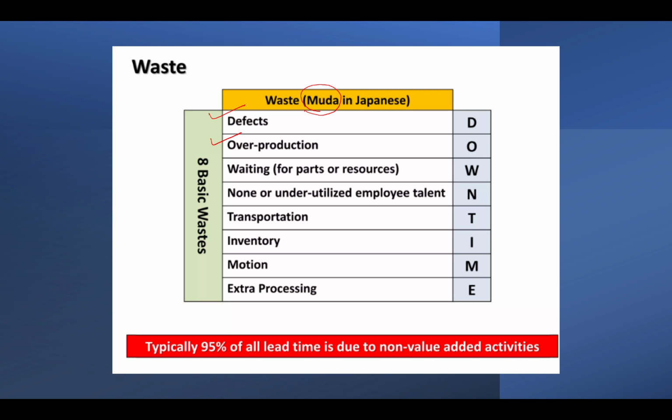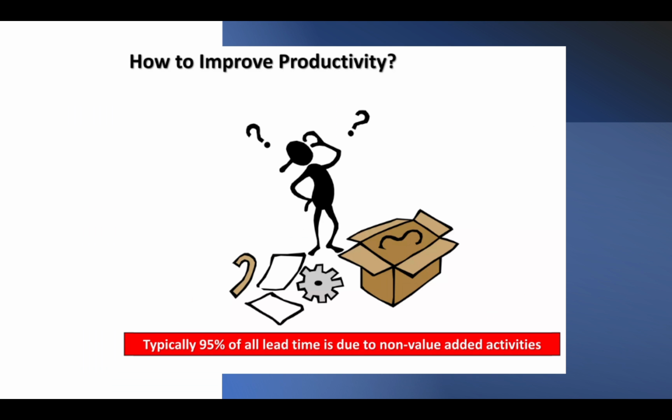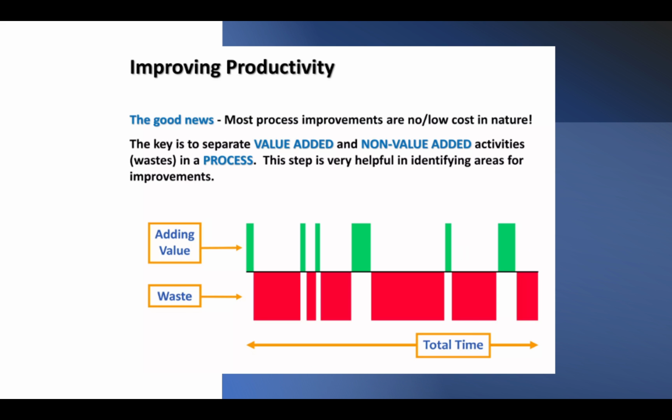These are the 8 basic sources from where possible wastage can arise, and all this leads to downtime of the production and the entire process. So we can improve productivity by introducing JIT and lean operations.